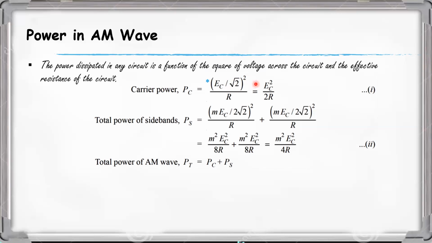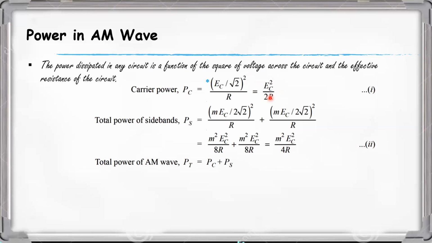Then it is equal to EC square divided by 2R. It is the carrier power. Carrier power PC is equal to EC square divided by 2R.